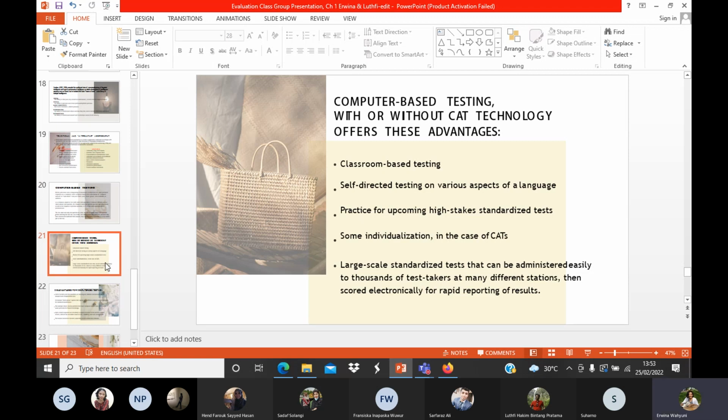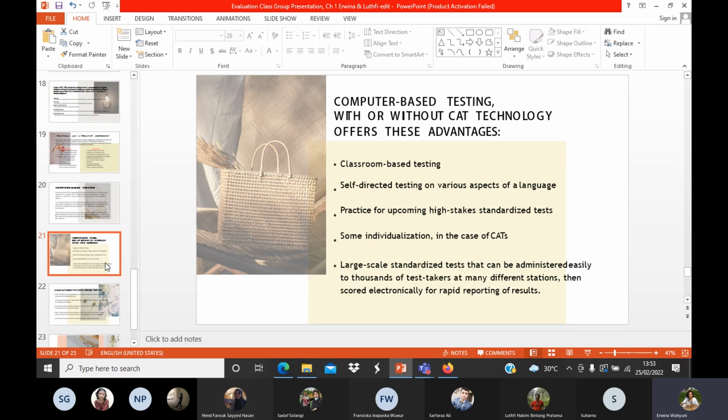The second advantage is that it's self-directed testing that involves various aspects of a language, and it takes the high standard of the test, and it also involves individualization.